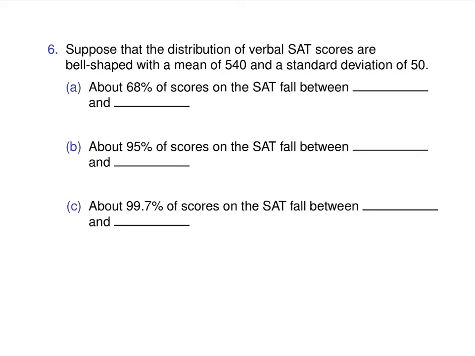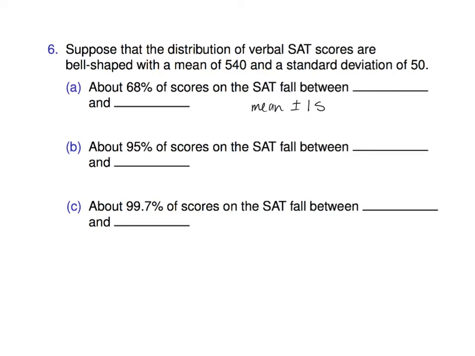Another important property we discussed was this property of bell-shaped data, that we have this rule that scores fall within plus or minus multiples of the standard deviations. So, for example, suppose that the distribution of verbal SAT scores is bell-shaped, has a mean of 540 and a standard deviation of 50. So 68% of the scores are going to fall between your mean plus or minus 1 standard deviation.